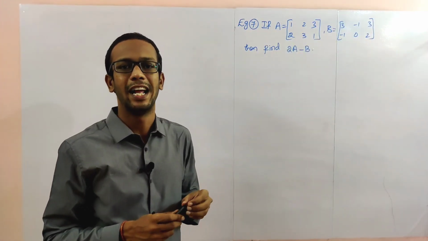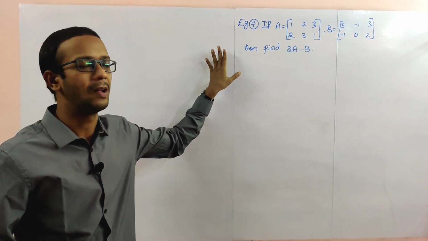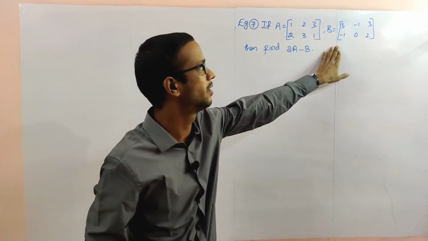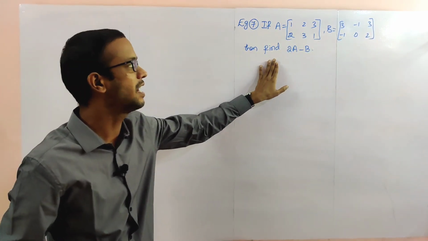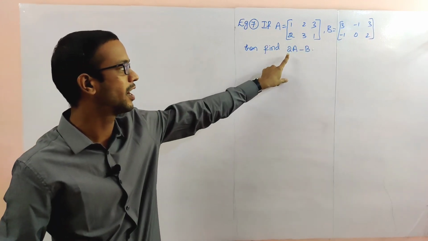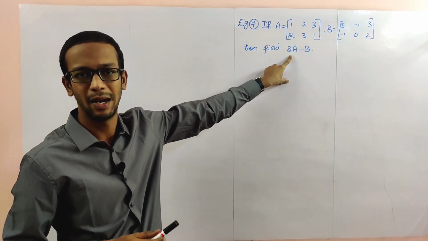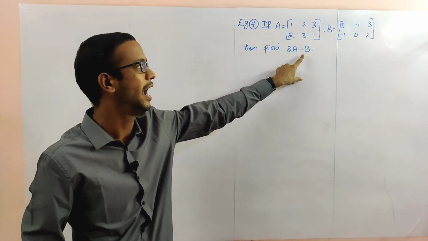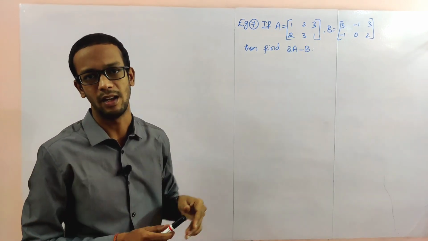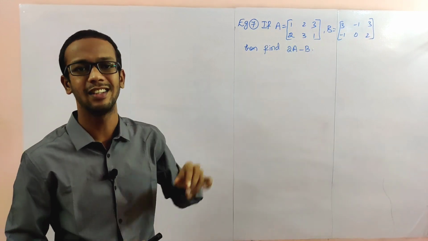Example problem 7. If A is equal to one matrix and B is equal to another matrix, find 2A minus B. Here you can observe that 2A means scalar multiplication of a matrix, and we also have to do subtraction with the B matrix. Are the two matrices of the same order?